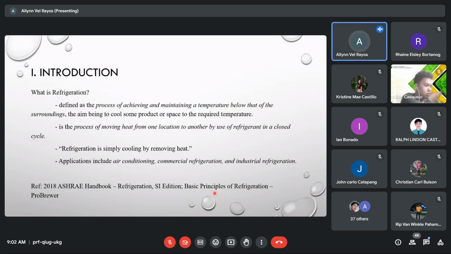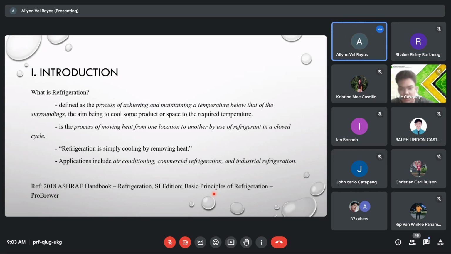So as part of our introduction, let us define what is refrigeration. Kasama naman to dun sa terminologies at dun sa PowerPoint presentation. But here are some of the definitions that we'll be using or can help you in order to be familiar on what this process means.